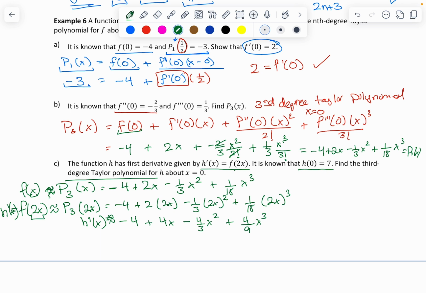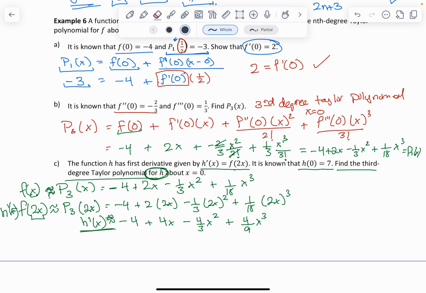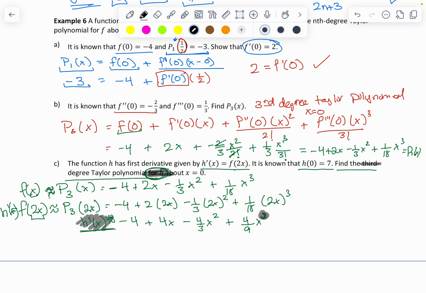Now what they want is they want the third degree Taylor polynomial for h. So what do we got to do to that h right here? Okay, because we want the Taylor polynomial for h, and we want the third degree Taylor polynomial, this is the third degree Taylor polynomial for h prime of x.